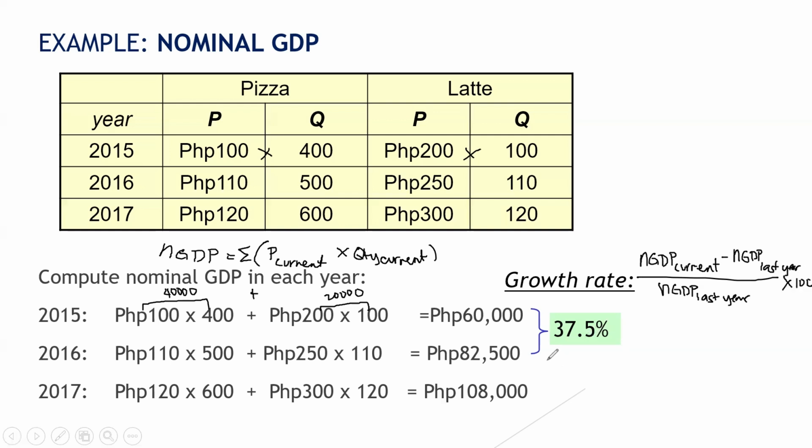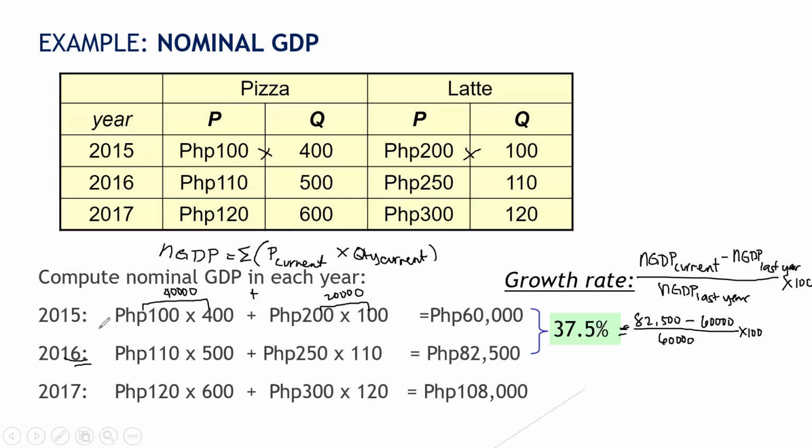So we have 82,500, the nominal GDP for 2016, minus the 2015 nominal GDP, 60,000. Then divide by 60,000 times 100.